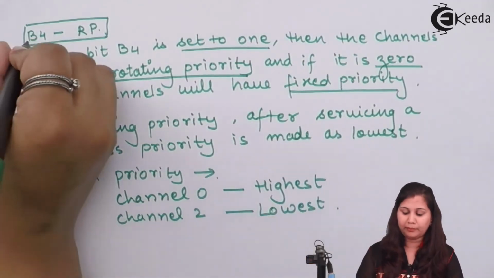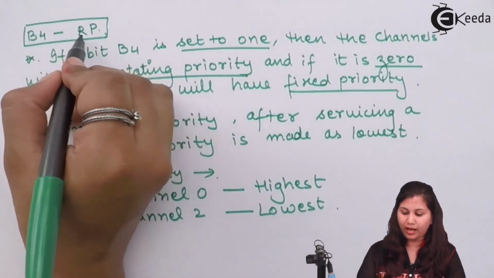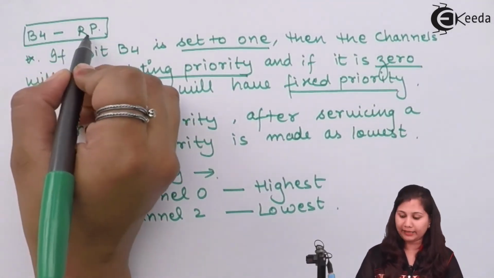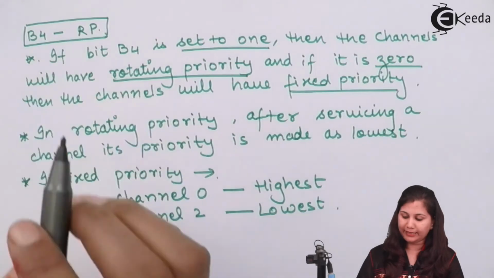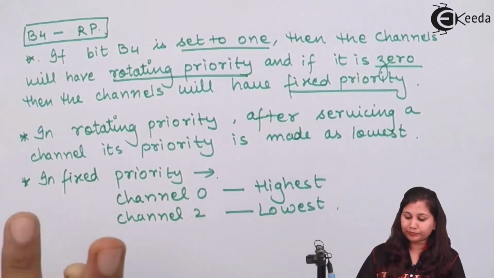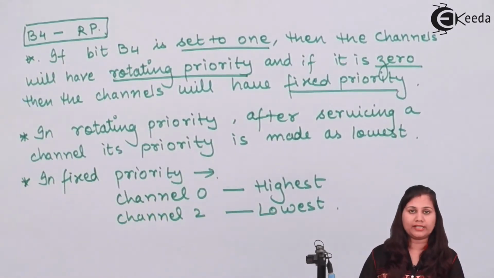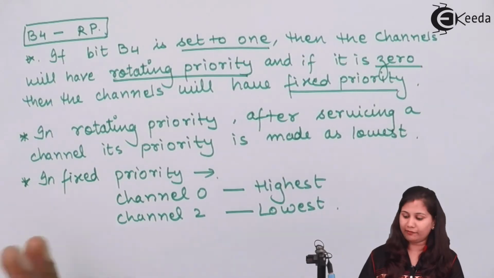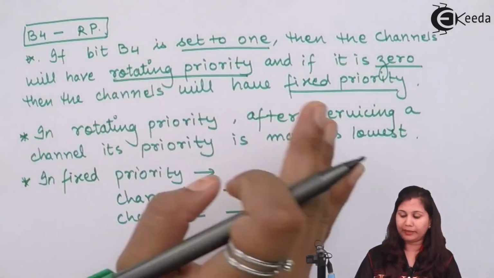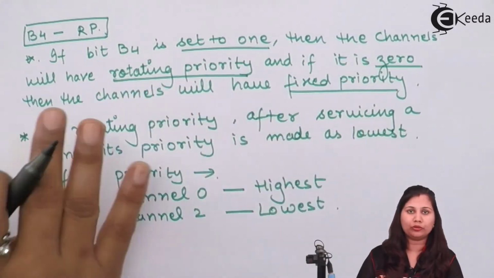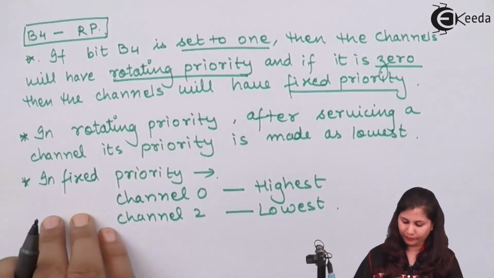So this bit 4 is the RP, that is rotating priority, and this bit decides what the priority of the channels is and in which mode, either rotating priority mode or fixed priority mode, they are working.